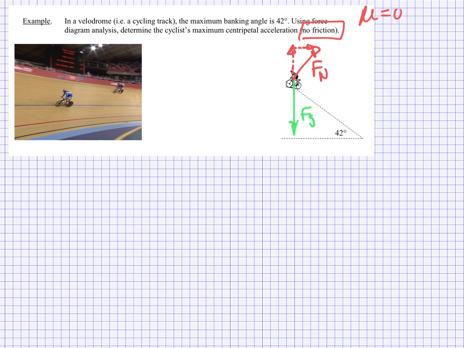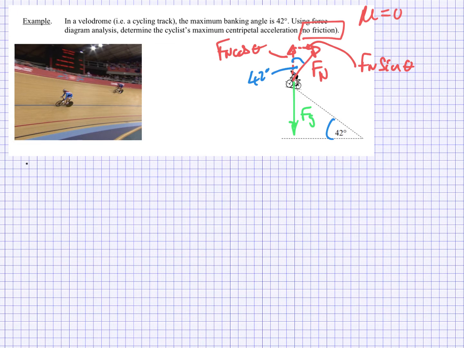Now we would represent the angle here. Let's say that's 42, which means that is also 42. Put that in there. And the two components here are Fn cosine theta, that's this component here, and Fn sine theta, that's the component at the top.